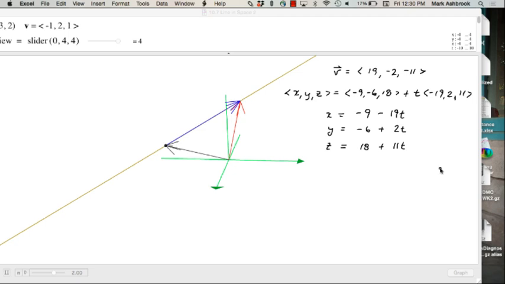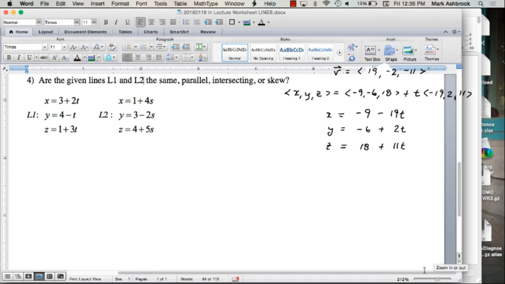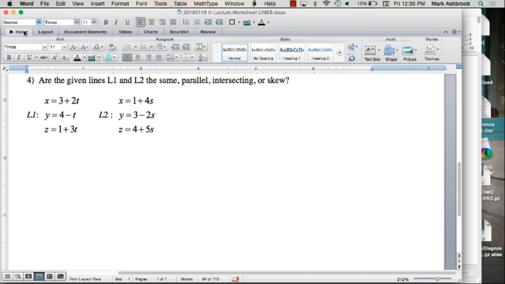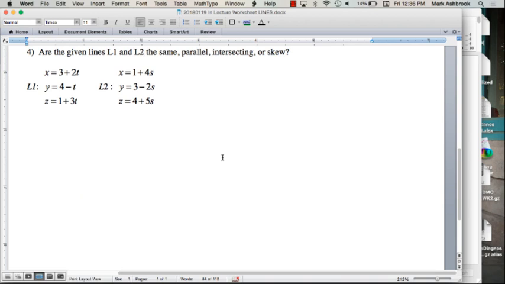Probably different than yours. First of all, do you know what those three terms are referring to? Parallel would mean they have the same direction, right? The same line would be the same set of points. And then skew is non-intersecting but also not parallel. Can you imagine that? For instance, this is a line that goes along the corner of the wall and the ceiling.